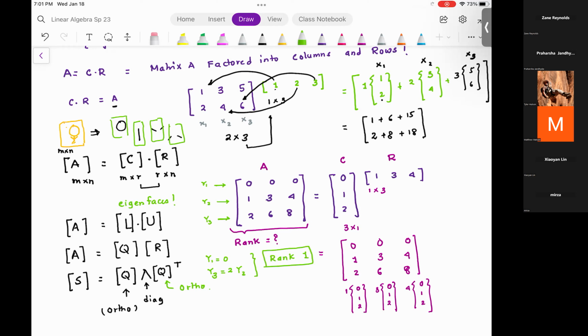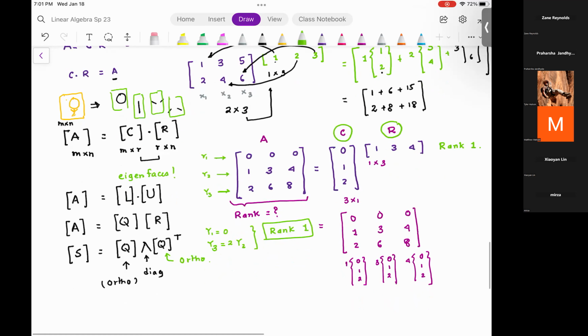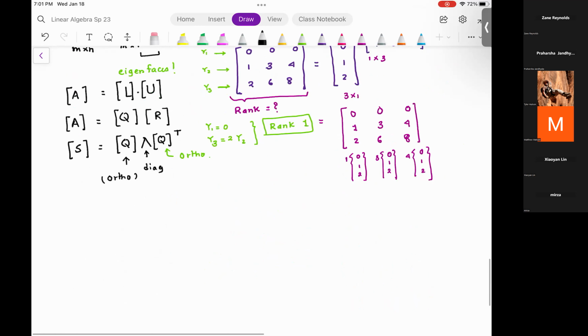Now, since the rank of this matrix is 1, it is extremely important to understand that I have a column vector, I have a row vector, and its rank is also 1. Now, what does this mean? Let me write this down.